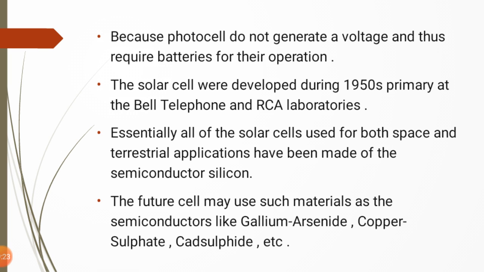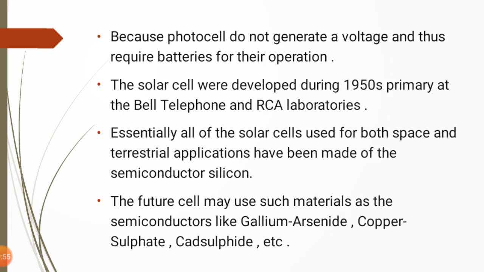This phenomenon is known as photovoltaic. Photo means light, and voltaic refers to voltage. So a photovoltaic cell, that means the solar cell, creates a voltage, but the photocell does not generate a voltage and requires an external supply for its operation.